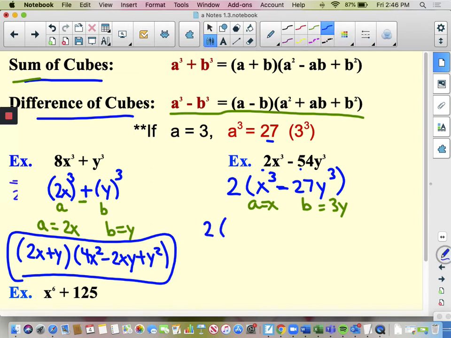So following this, A minus B is x minus 3y. A squared, again, always be careful, A squared is x squared, well, that's pretty self-explanatory, plus AB is plus 3xy, and plus B squared, that one you gotta be careful of, you're squaring that whole thing, so 9y squared, and that's it.